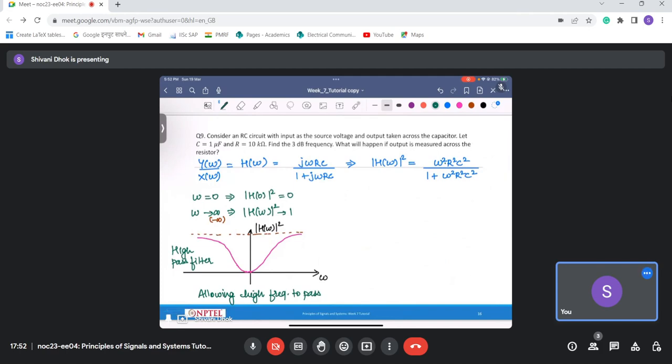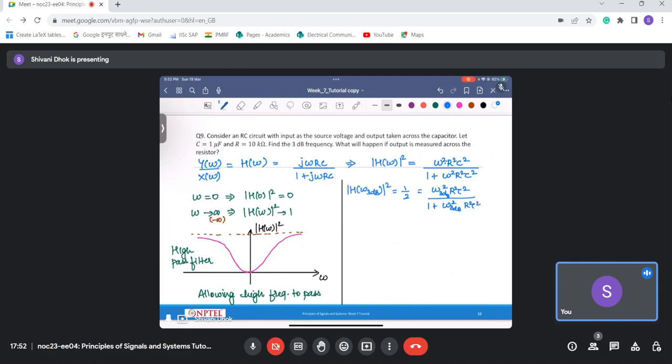The other thing that we need to find out is its 3 dB frequency. At omega 3 dB, the magnitude of H(omega 3 dB) squared is equal to 1 by 2, which is equal to omega 3 dB square R square C square upon 1 plus omega 3 dB square R square C square.